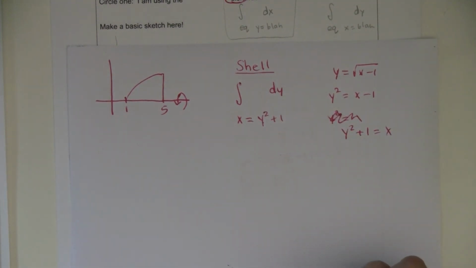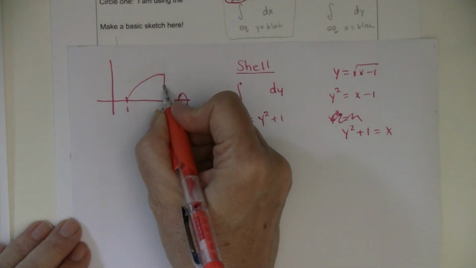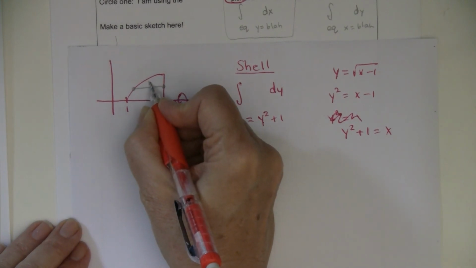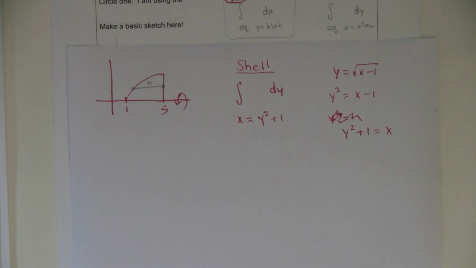So now our next step is to identify what h is, and h is parallel to the axis of rotation. And so I'm going to draw my h in here. There is a typical h. And h is, if it's on its side, like we have on our side here, equation solved for x, right curve minus left curve.